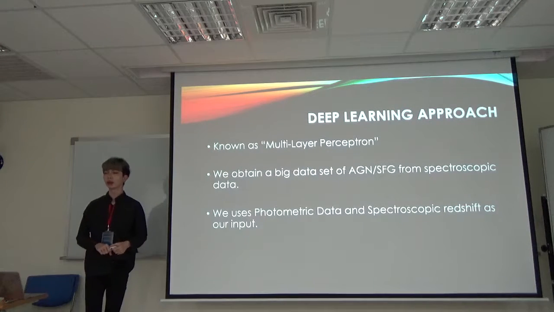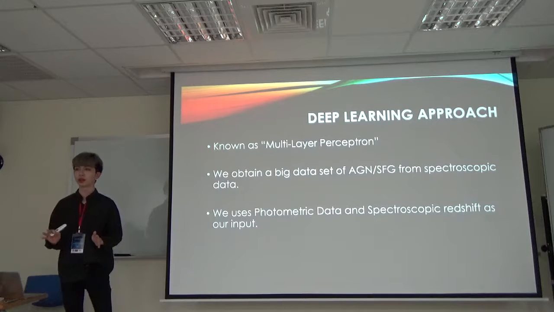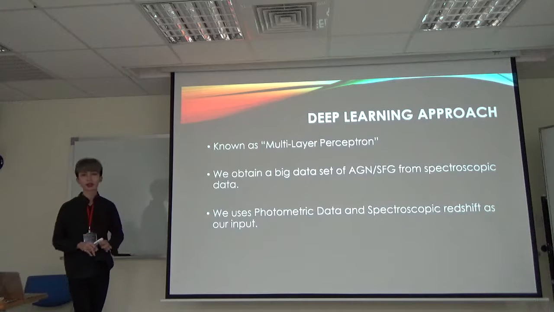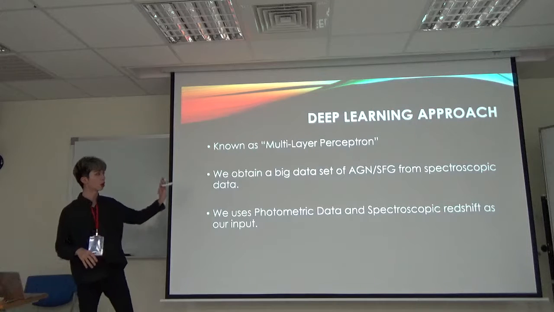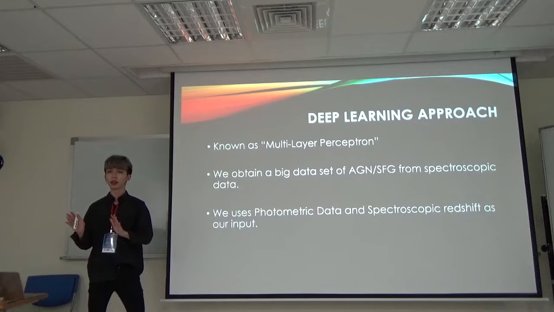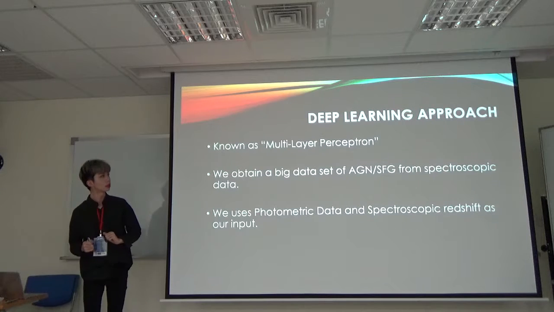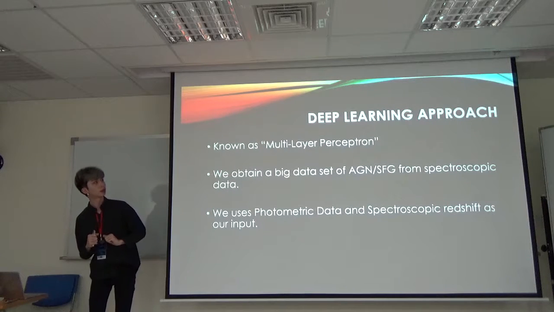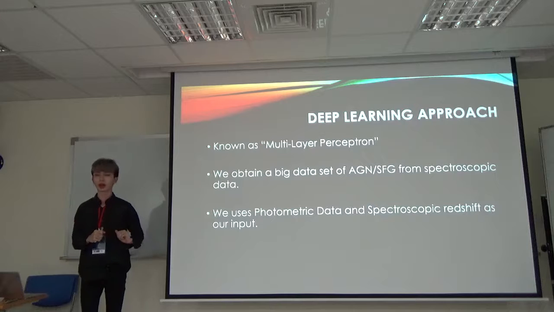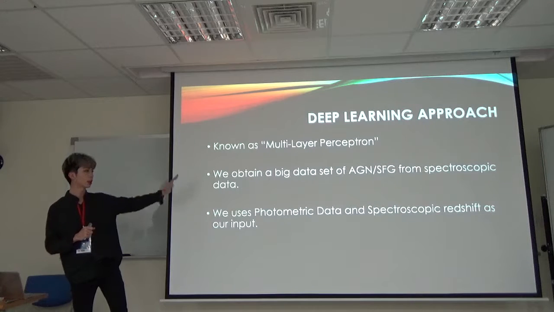Now I'm going to give you a brief introduction of our model. This model in deep learning is called a multi-layer perceptron. It has many layers inside. This model is based on training with big data sets.